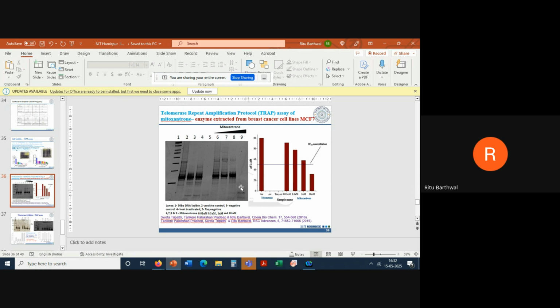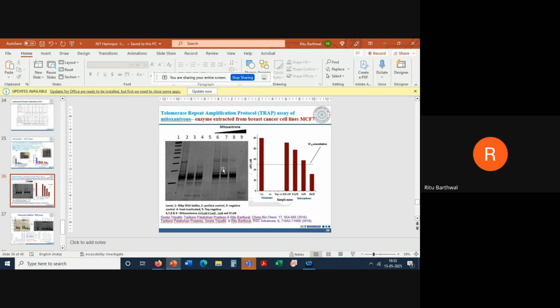So what we do in such an experiment is the telomerase repeat amplification protocol, called the TRAP assay. We have extracted this enzyme telomerase from a breast cancer cell line in this particular case which I am showing you, and then we add the ligand which I was doing, 2,6-anthraquinone, and whatever you have in your mind, at different concentrations. One is a ladder, one is without ligand as control, and so on.